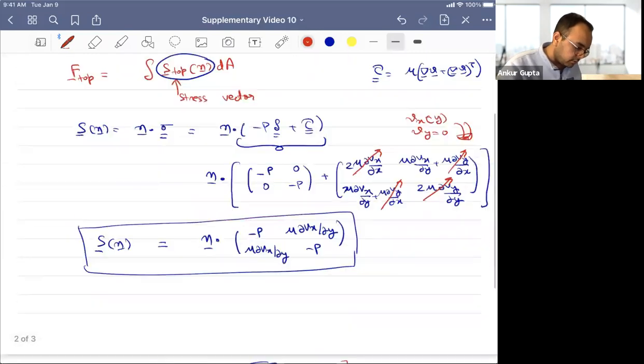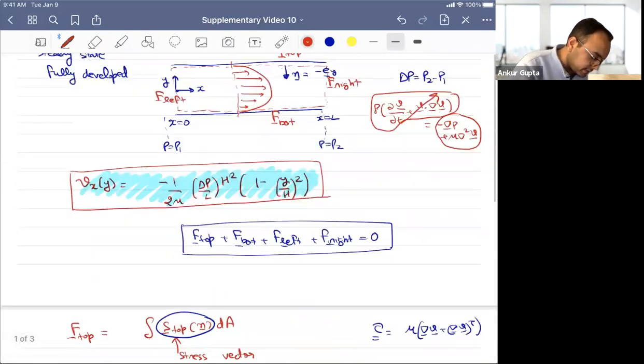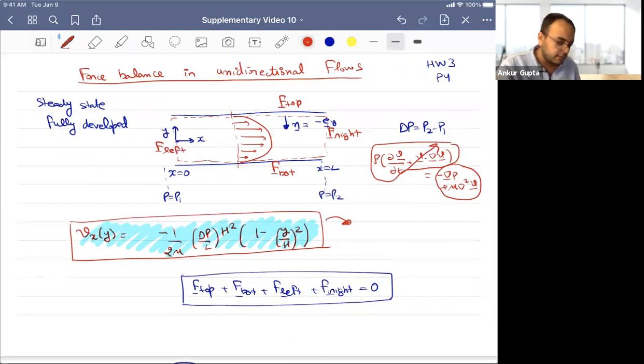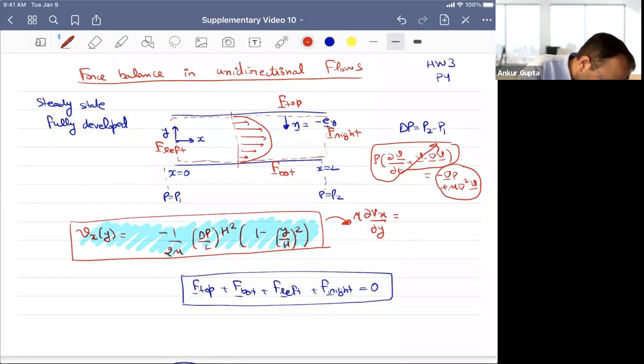And now we already know what vx is. So we know vx, what is vx, right? And mu del vx by del y is what? We can find that out. The mu del vx by del y is delta p by L, and what you will get is delta p by L into y. Basically, this is what you will get.